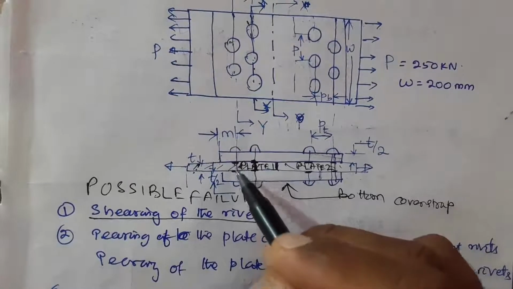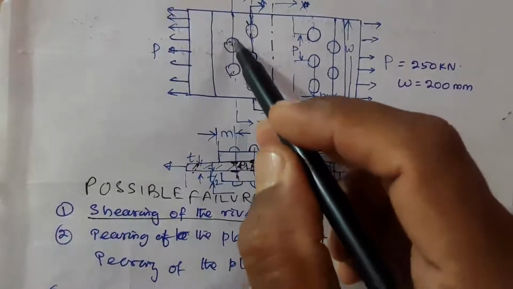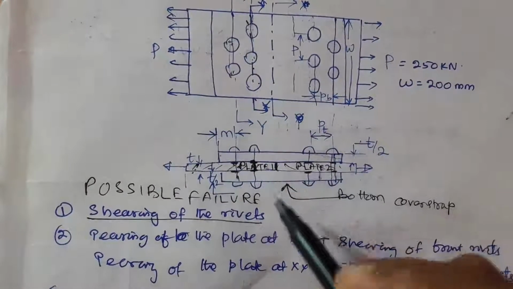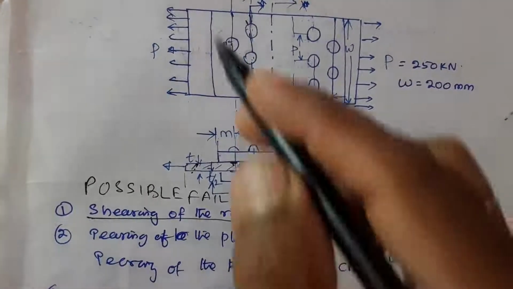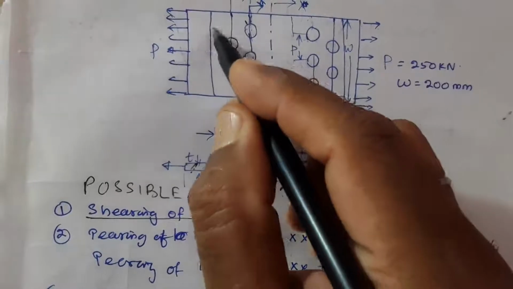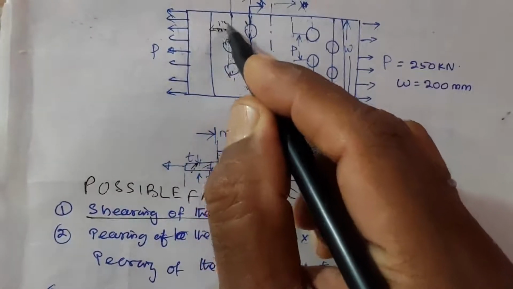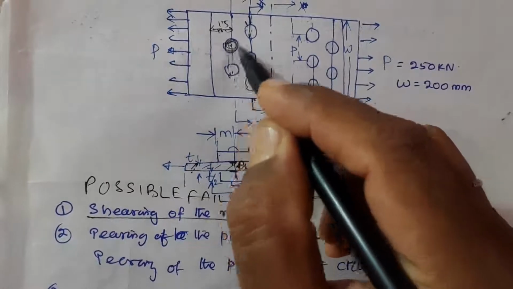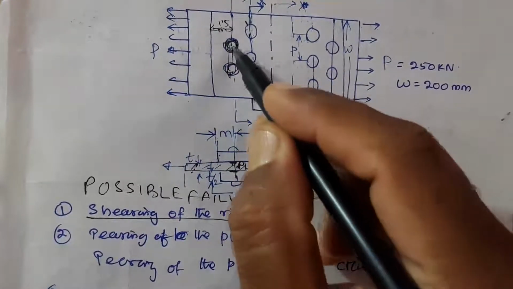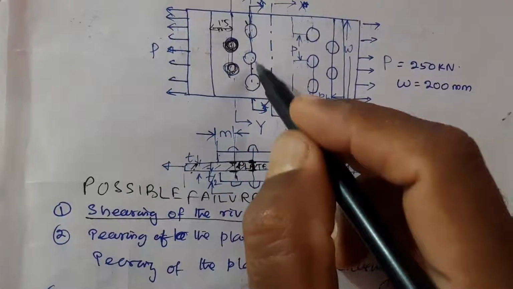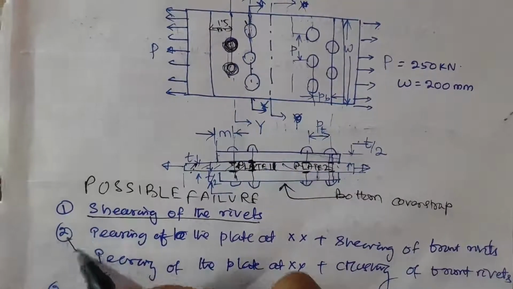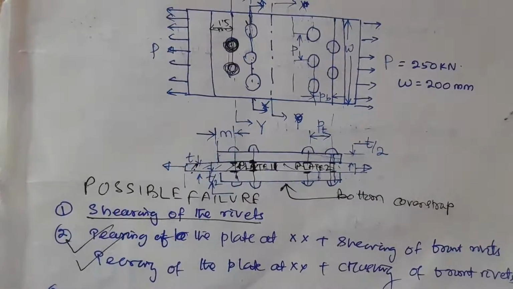Similarly, the front two rivets here may either fail in shear or it may fail in crushing. Crushing of a plate is avoided, because if you take 1.5D, it will be avoided. So the only possibility will be crushing of these two rivets or shearing of the two rivets along with the tearing of the plate at XX location. So these are the two possibilities.